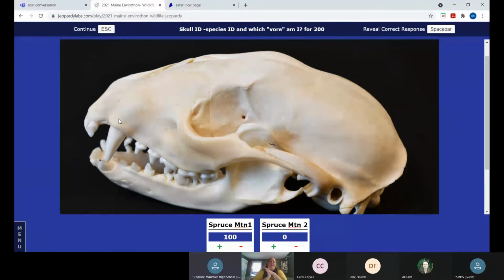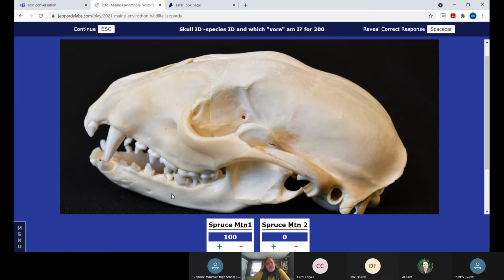That is the canine. Those canines are a good one, because that indicates it can hunt for food. Canines are used for grabbing and holding prey. What else do you see with the teeth? Do they look sharp or flat?